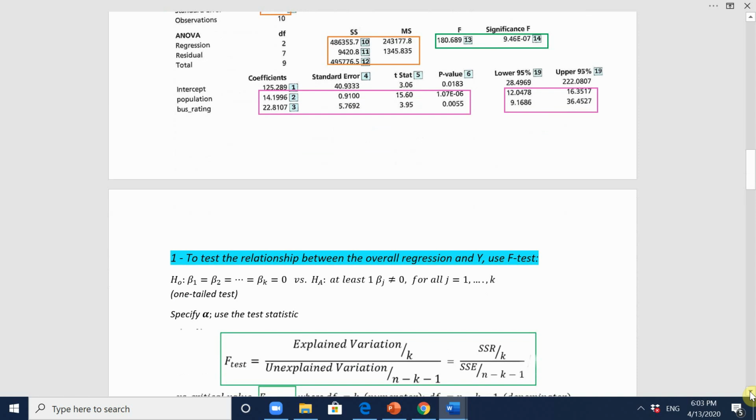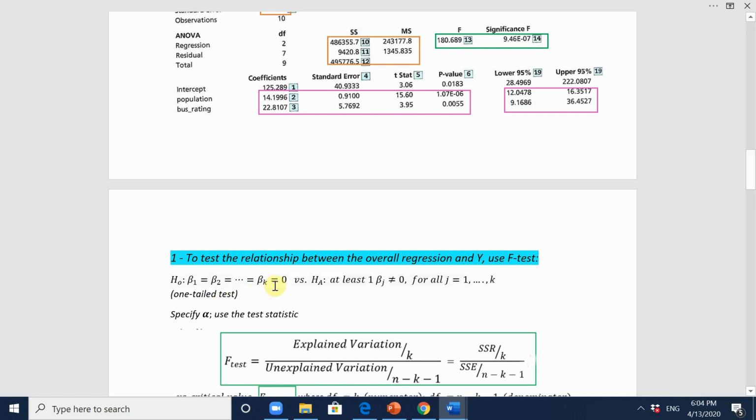The idea is that in our null hypothesis, we state that none of the independent variables are significantly related to y. When we say the independent variables, we also talk about the slopes associated to each independent variable.